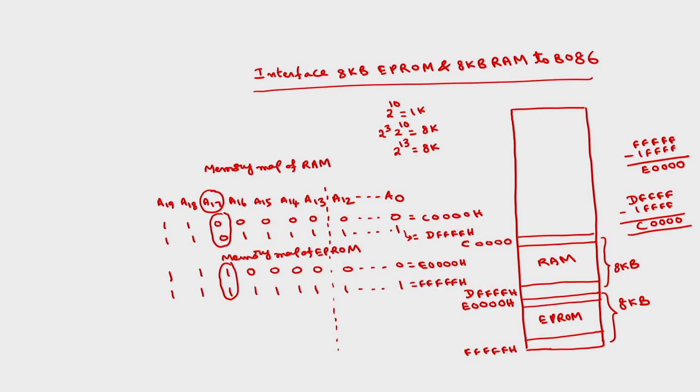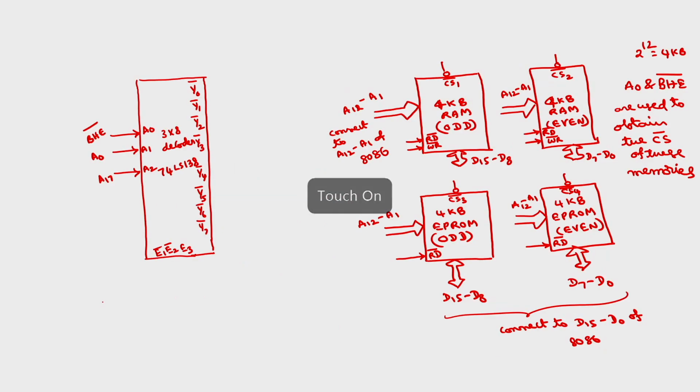So I can use A18 and A19, both ones, to generate a 0. So you can pass them through a NAND gate, and if you pass that through a NOT gate, this becomes 1. This is A18, A19. Okay.